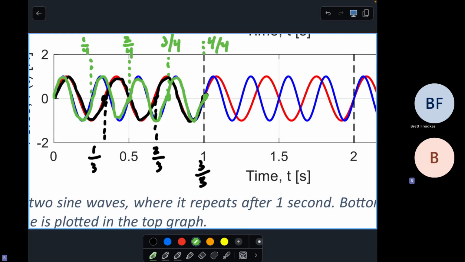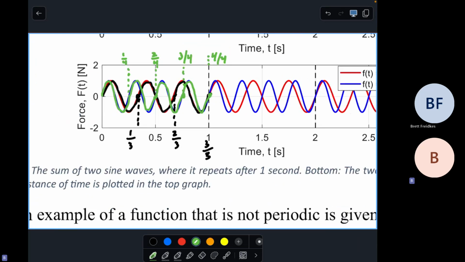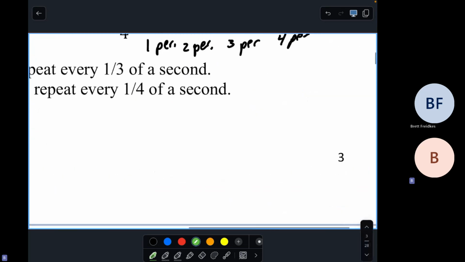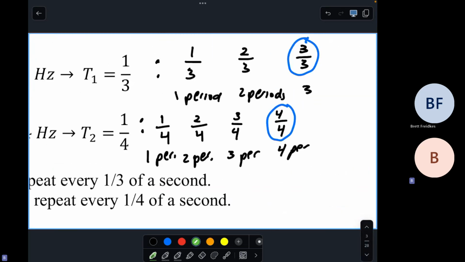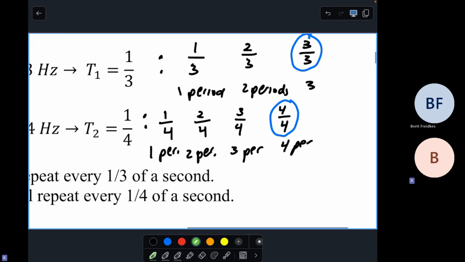We see when we're counting the multiples, we want to see when the two multiples are matched, because that'll imply that they're both starting over at that point in time. Does that make sense? Doubts about that? So that is why we do this whole counting periods thing and see when they match, because that's what it's going to look like on the graph.